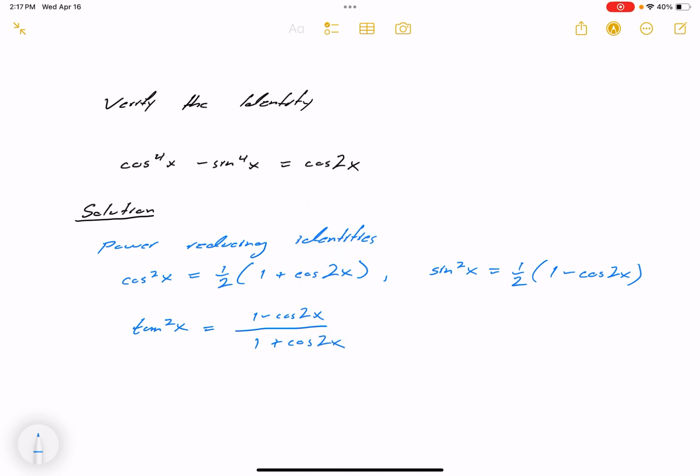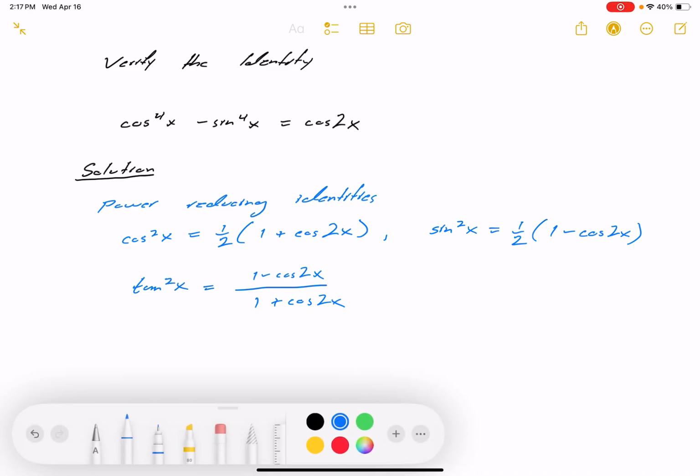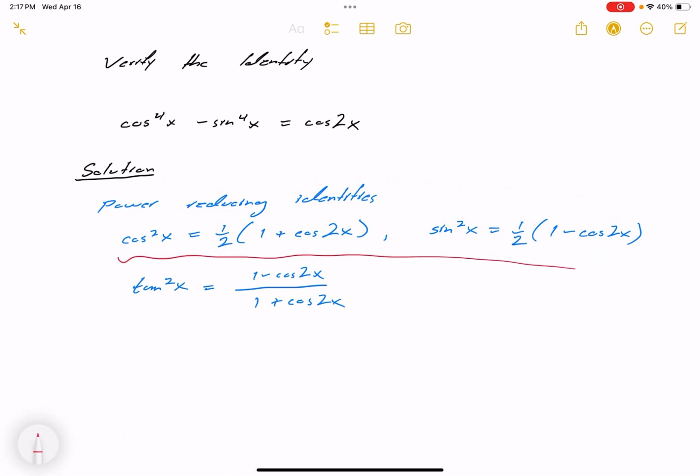Before I begin, these two right here, not so much this one, I would suggest you memorize them. If you're going into calculus, like your second semester of calculus, integral calculus, you're going to be using these identities.